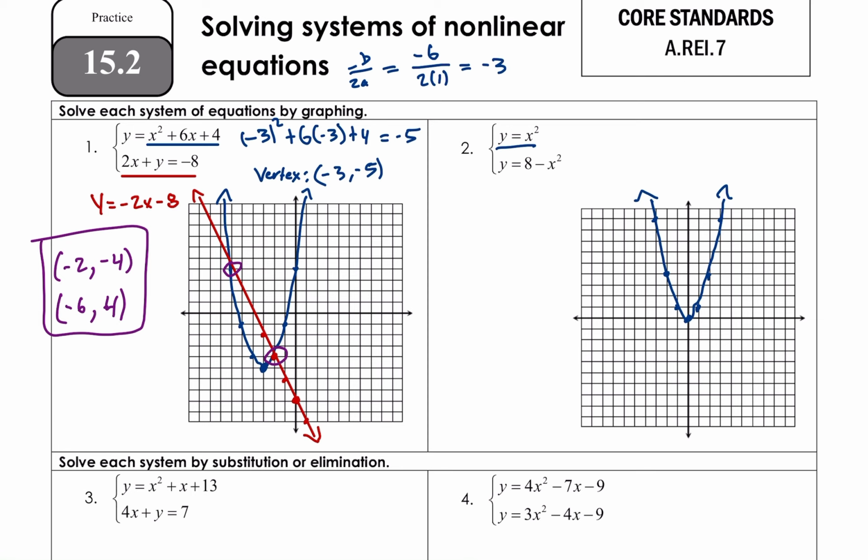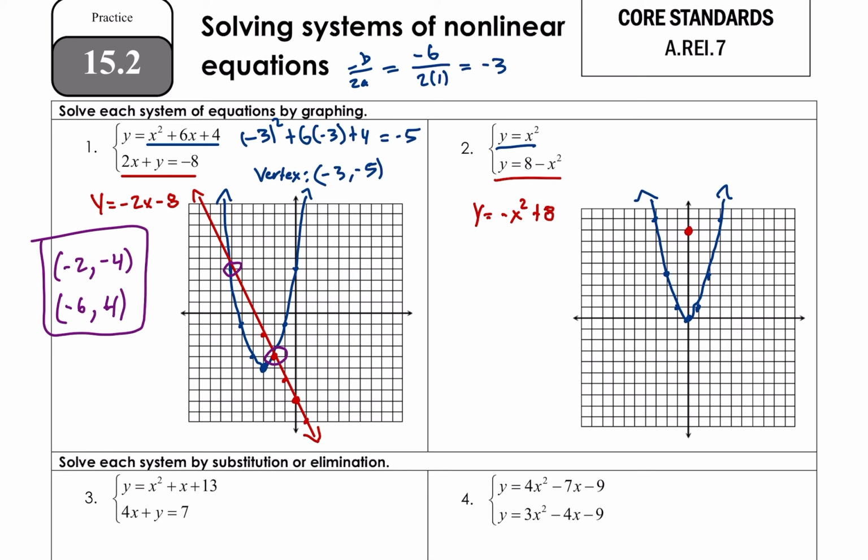And now we'll do our second one. So we've got y equals 8 minus x squared. If I put that in the more standard form we're used to, it would look like y equals negative x squared plus 8. What this plus 8 does is shift my graph up 8 units. And what this negative does is, instead of opening up, it'll open down. So my origin is going to be 8 units up: 1, 2, 3, 4, 5, 6, 7, 8.